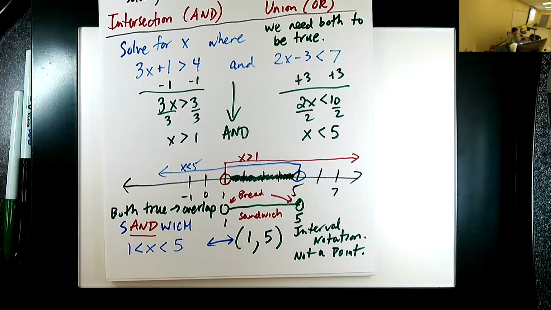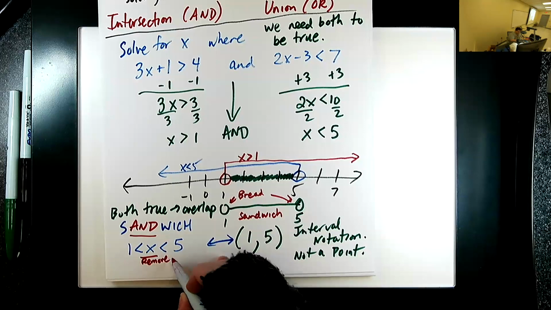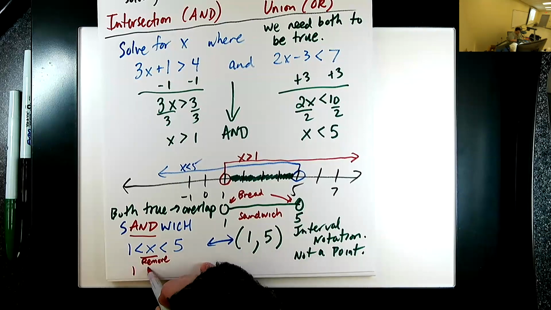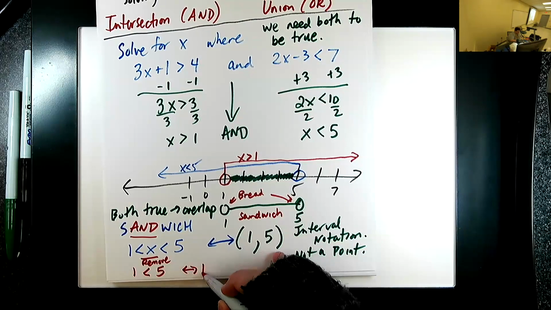Any questions? I'm going to point it out now, and I'll point it out in the future. Notice if I remove this x, look what happens. I have 1 is less than 5. This is a true statement.